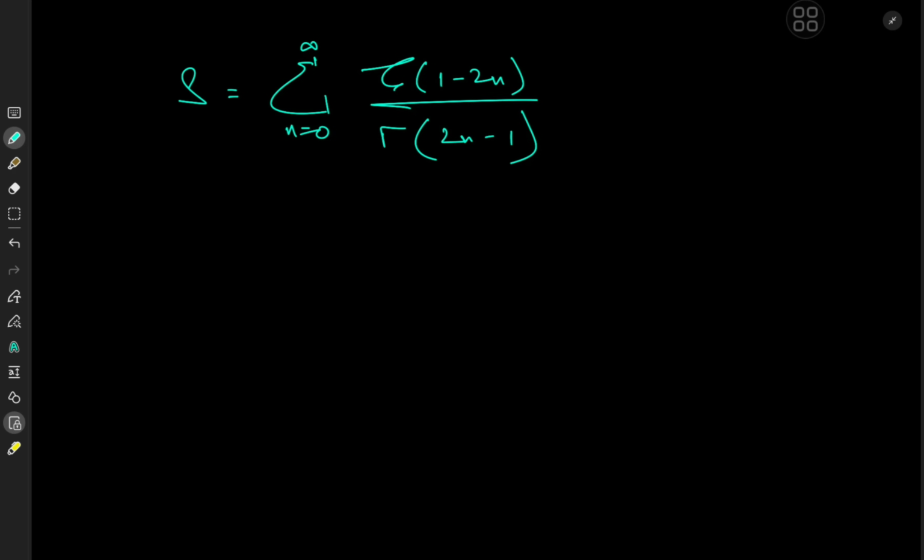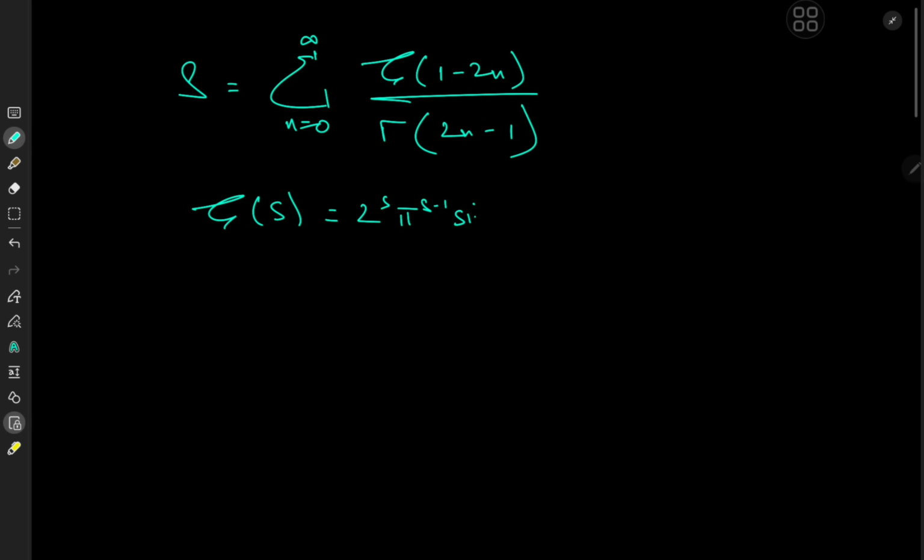I'd like to start off with the functional relationship between the zeta and the gamma functions, or wait, I would actually start with the functional equation for the zeta function. So zeta(s) equals 2 to the s times pi to the s minus 1 times sine of pi s over 2, times gamma(1 minus s).